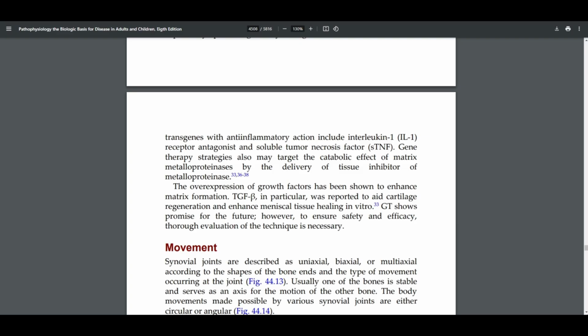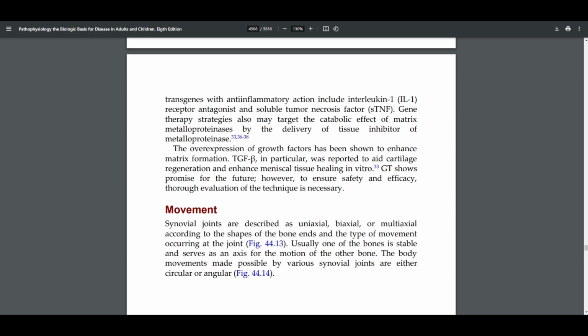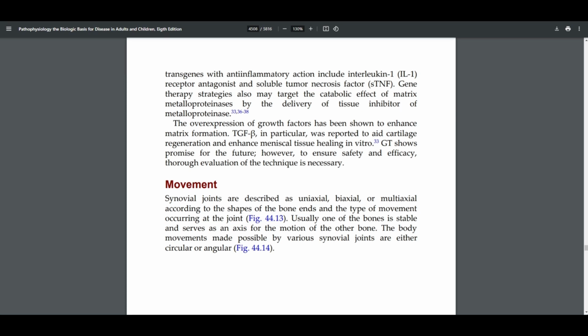The overexpression of growth factor has been shown to enhance matrix formation. TGF beta, in particular, was reported to aid cartilage regeneration and enhance meniscal tissue healing in vitro. Gene therapy shows promise for the future; however, evaluation of the technique is necessary to ensure safety and efficacy.